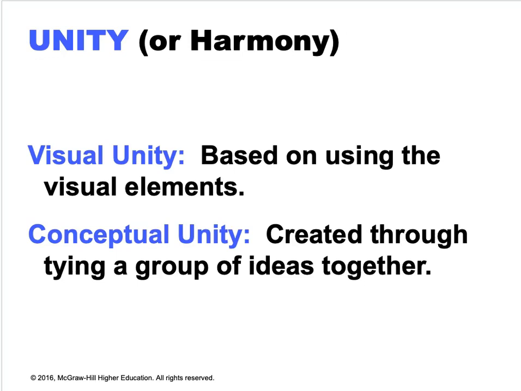Conceptual, on the other hand, is created through tying a group of ideas together. This is a mental thing. This is concepts. And they're being tied together through whatever means the artist chooses to do. They can do that through the use of those elements again, though.